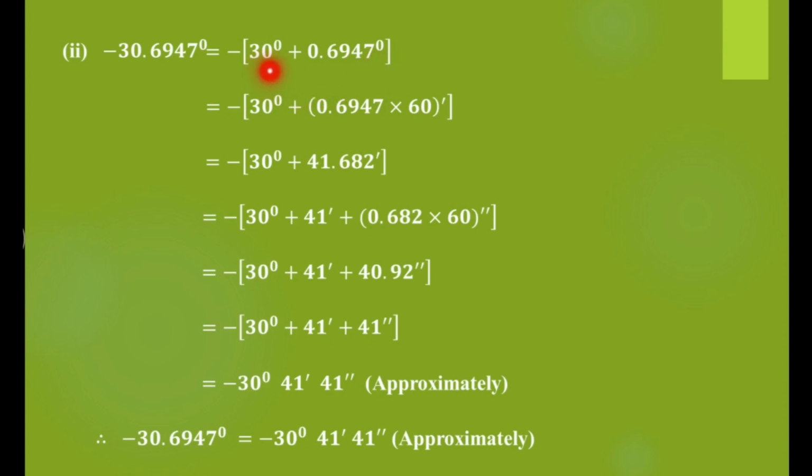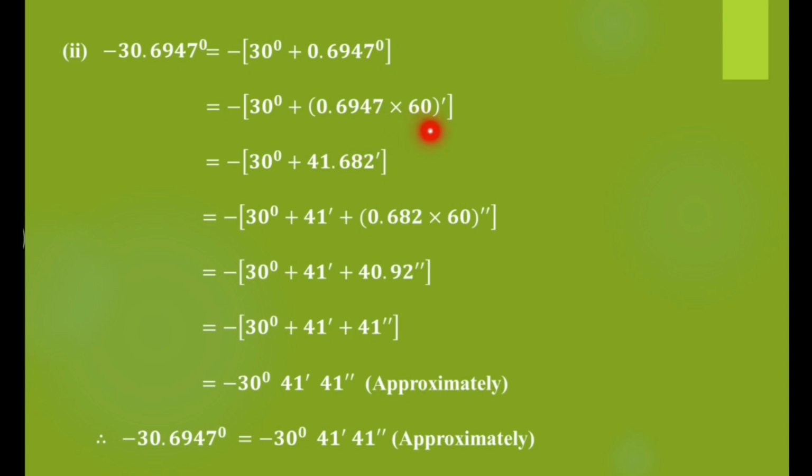So we write this 30 degree separately and this 0.6947 degree. So we reduce this 0.6947 degree to minute form first. For that we multiply by 60 here. So in the second step we write this degree to minute form by multiplying 60.